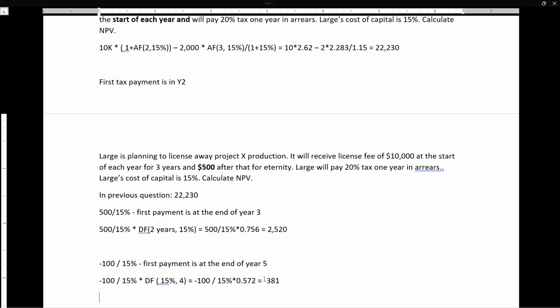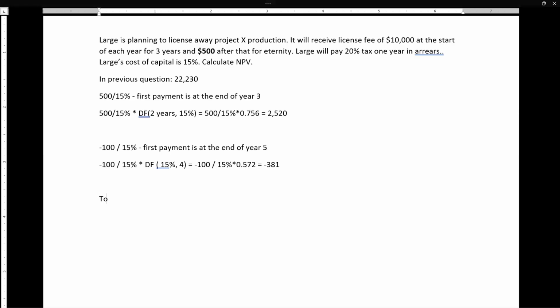So this means that this total NPV would be 22,230 plus 2,520 minus 381. That is 24,369. And that is it.